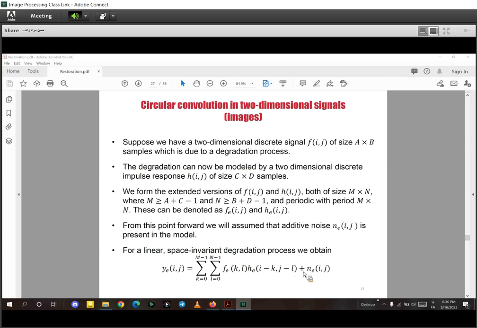The result is the same. After it, plus n_e, okay. Go to the next slide.